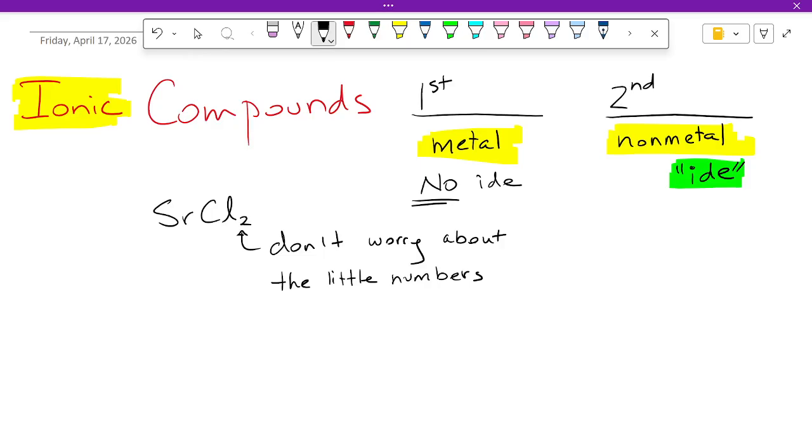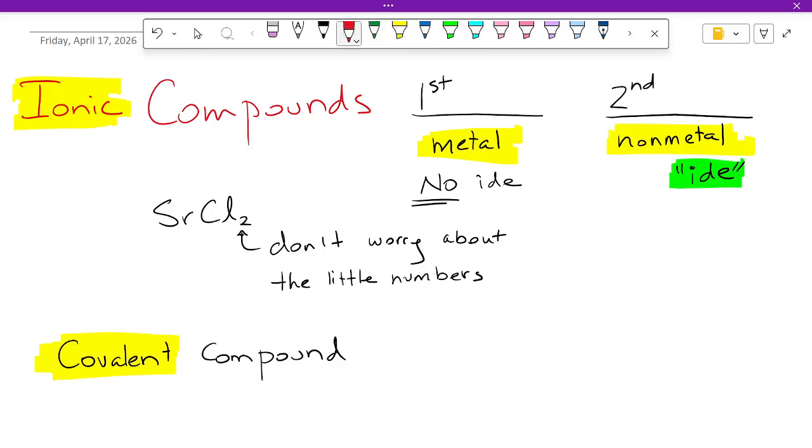Today we're going to learn about a different type of compound. Okay, today we're going to learn about a covalent compound. So, in a covalent compound, are there any ions?